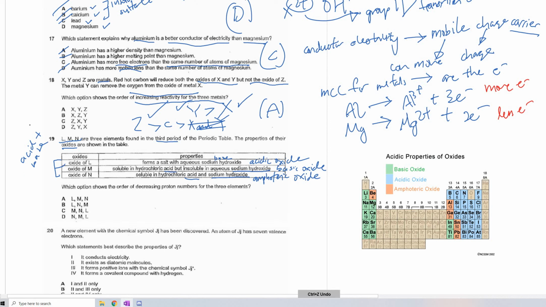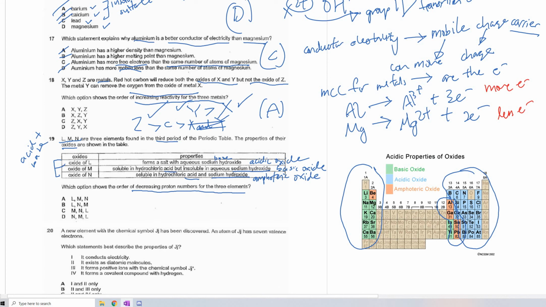Alright, which option shows the correct decreasing proton number for the three elements? If we take a look at the periodic table here, usually the metals form basic oxides. The ones at the center are amphoteric, and lastly the non-metals usually form acidic oxides.